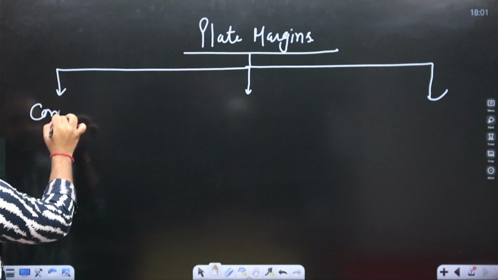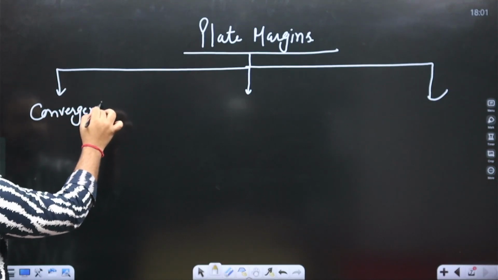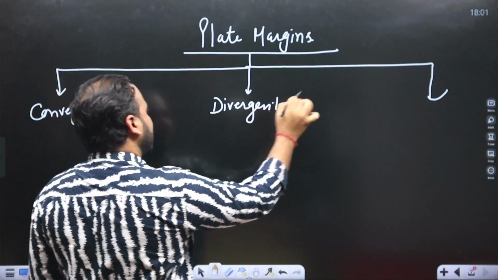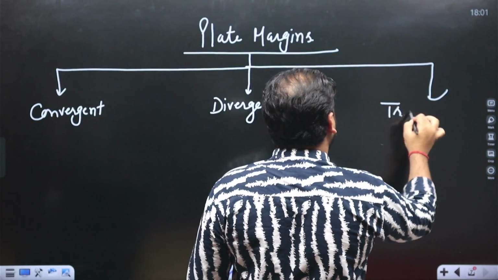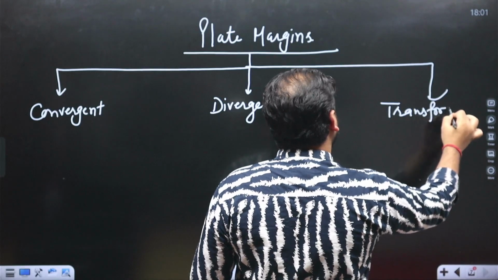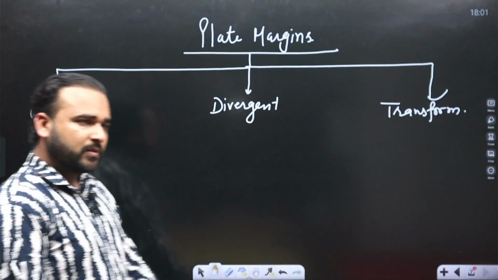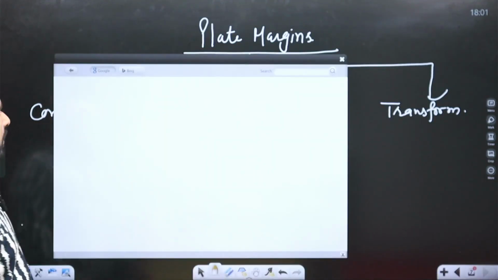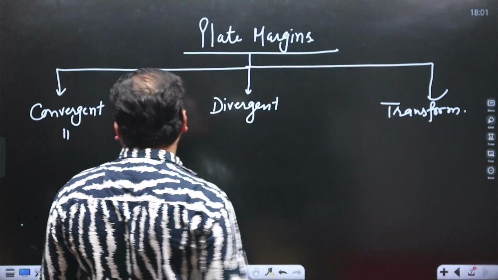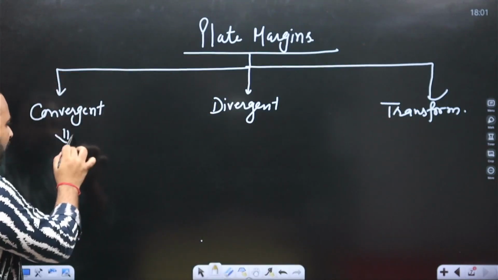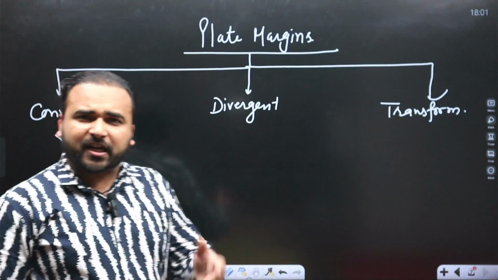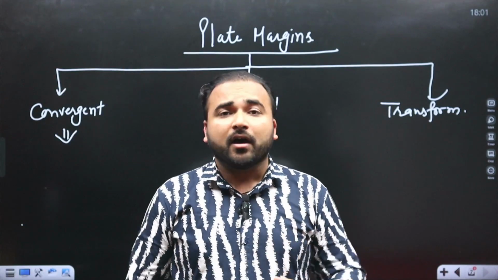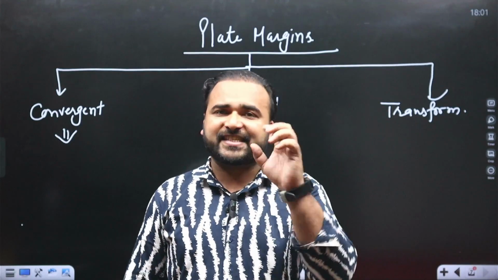Simply convergent margins, divergent, and conservative or transform. Actually, convergent, I think you know about the convergent lens, which is the convex lens.